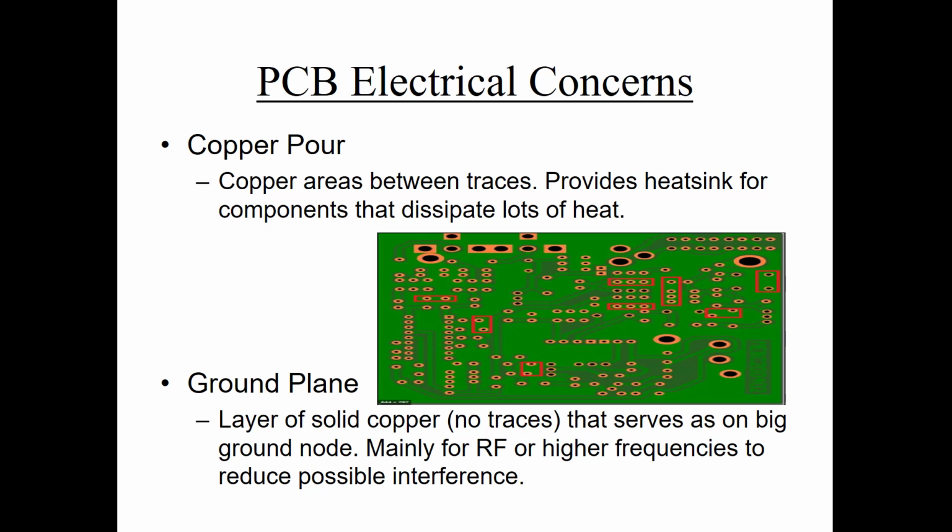But for the continuity tester design you're doing in the lab, there's no reason to have a copper pour or a ground plane, because as you see here, copper pours are used when you have components that dissipate a lot of heat. The copper pour will help dissipate that heat. It acts like a heat sink. A ground plane is necessary when you have a high frequency design, and the ground plane helps reduce interference. But we don't have to worry about either one of these for the continuity printed circuit board design, so I recommend that you just ignore this in the videos.